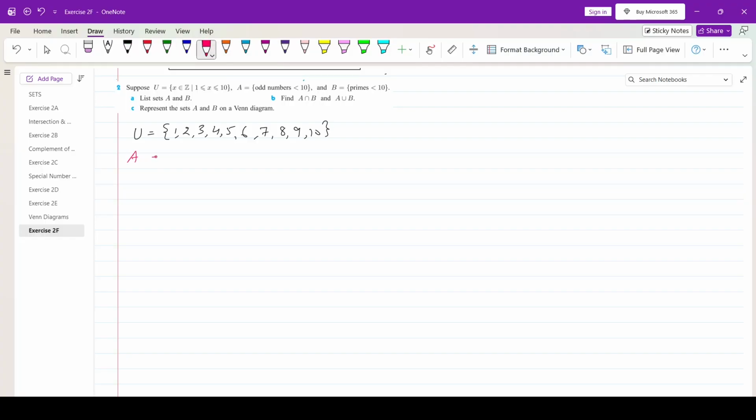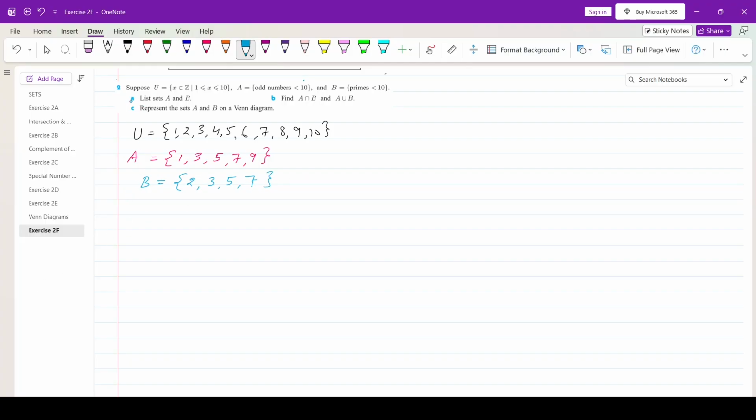Now set A is a set of odd numbers less than 10. That will be 1, 3, 5, 7 and 9. And set B is a set of prime numbers less than 10. That is going to be 2, 3, 5 and 7.